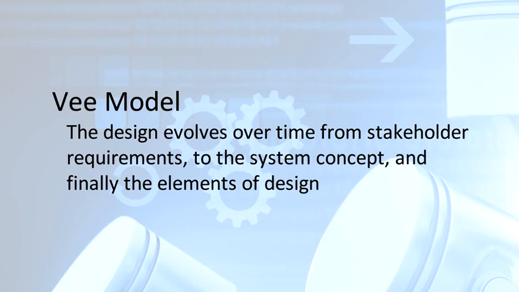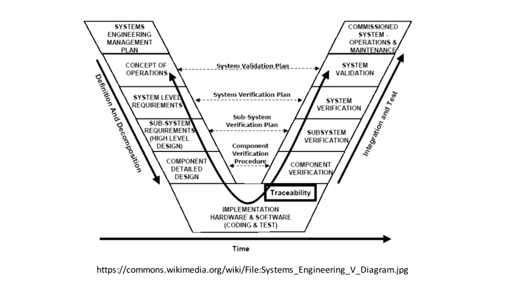In the V representation, the system maturity progresses from left to right, but the V approach allows for iteration and recursion as necessary. Moving downward along the V focuses on system decomposition. Moving upward on the V, in other words, moving along the right-hand side, focuses on integration and testing of designs.